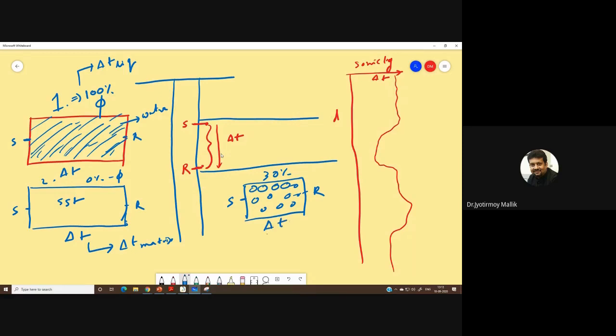Now, comparing this delta T with delta T liquid and delta T matrix, I can guess what percentage of porosity is present in this box. That's exactly what is being done here.